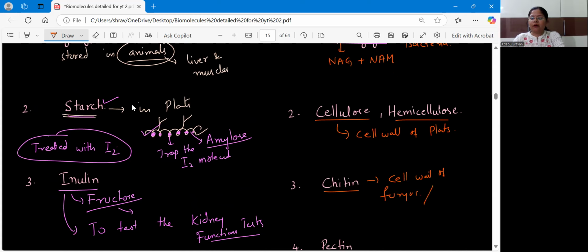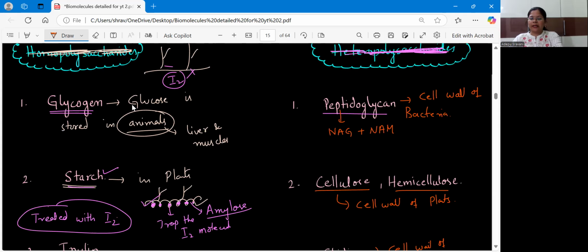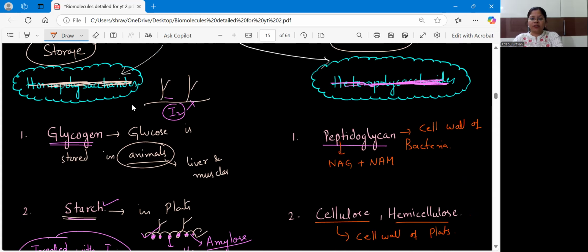Apart from this, they also give structure to the exoskeleton of arthropods. So these are the functions of chitin. And next, pectin, if you consider, they are again involved in the cell wall of plants. All right, so these are the different types of polysaccharides involved in giving the structure.